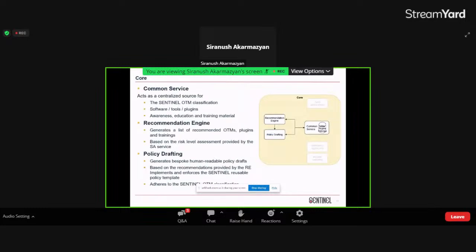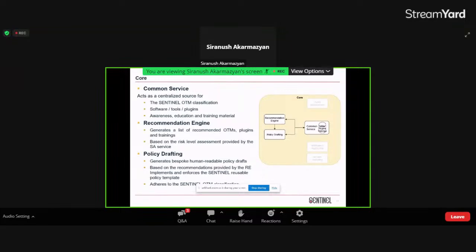The core is the common service, which is the centralized source for the Sentinel OTM classification, software tools, and plugins. It also stores the awareness, education, and training material.